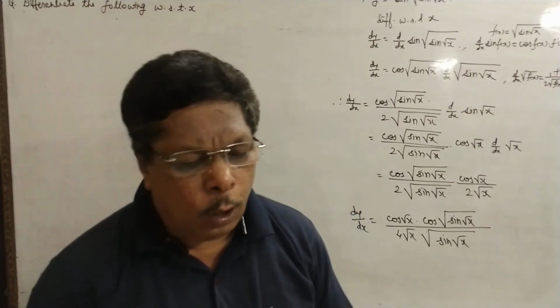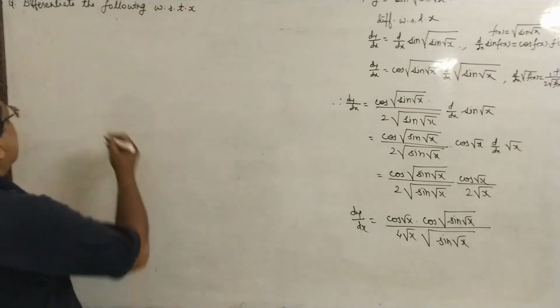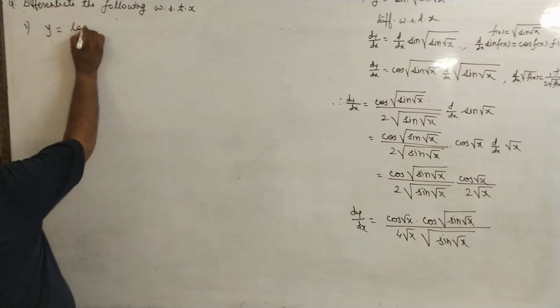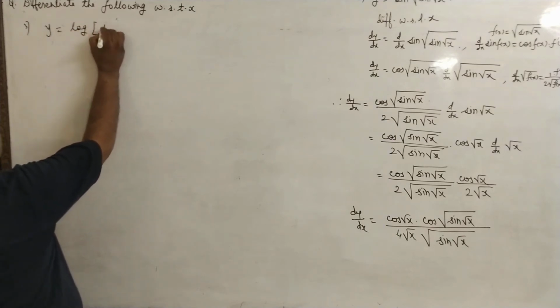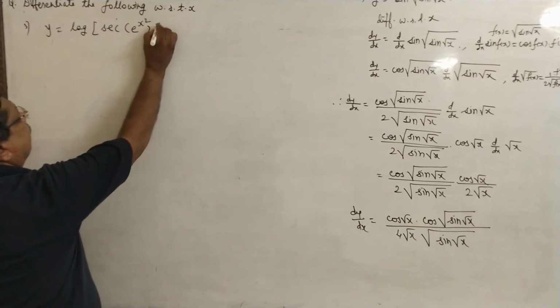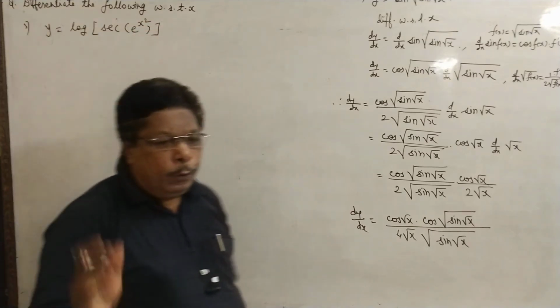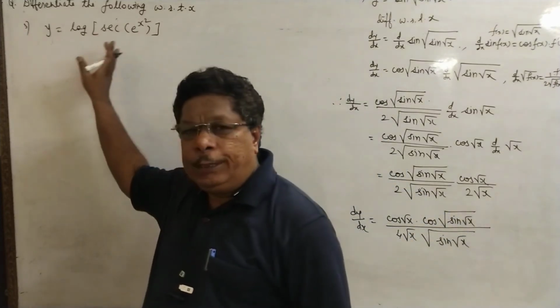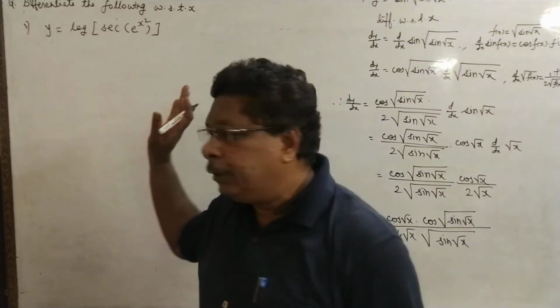y equal to log of sec of e raised to x square. Now we have to take the derivative of this function. Differentiate this function with respect to x.